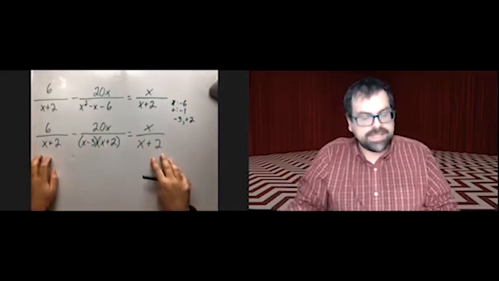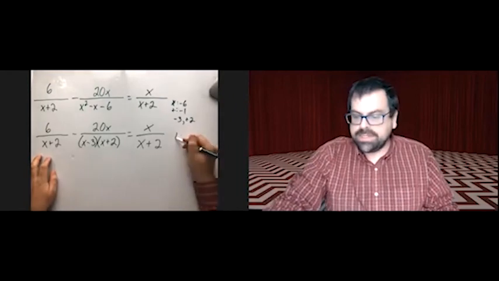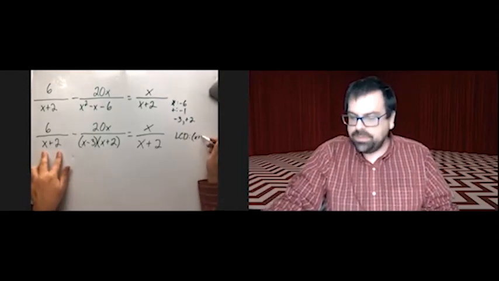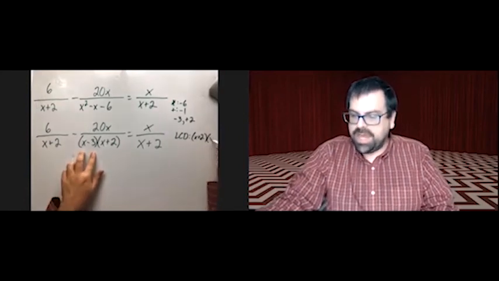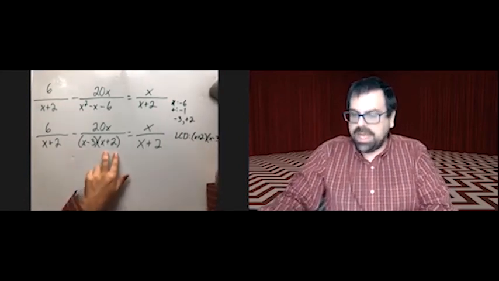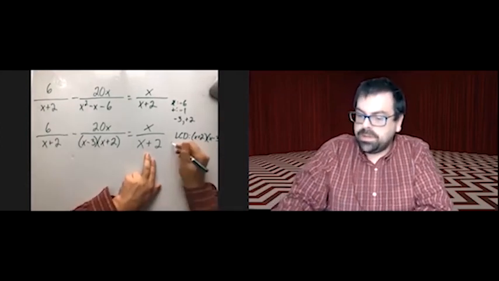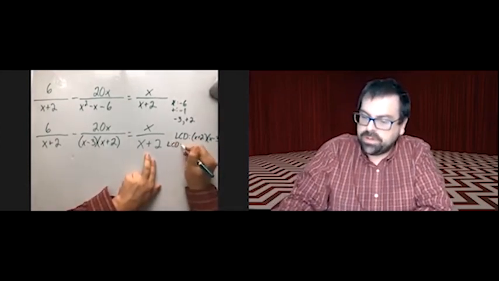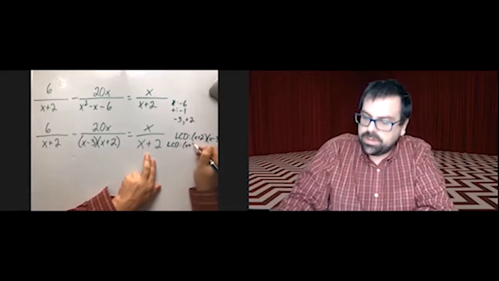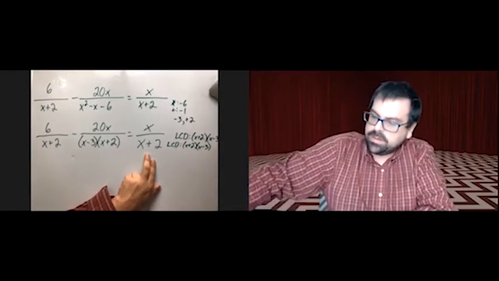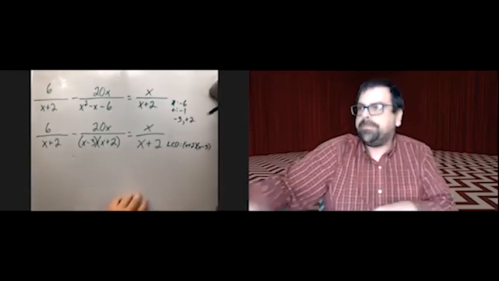Because this helps us see that our LCD has to have an x plus 2 and an x minus 3. One denominator already has the x plus 2, and another already has the x plus 2. Let me move this over so we can see it.